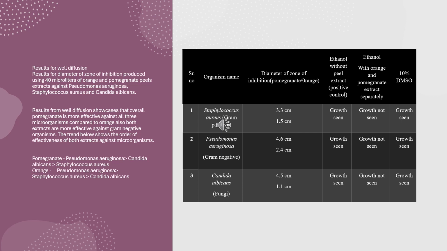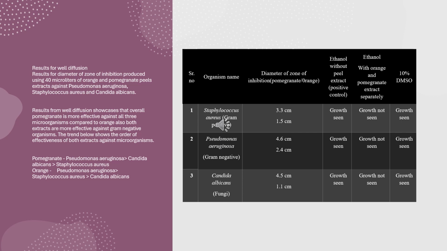This slide showcases the results for our well diffusion, and clearly we can see that the pomegranate showed the highest and clear zone of inhibition around itself. For pomegranate peel extract, the highest zone of inhibition is seen at 4.6 cm for Pseudomonas, and the next was seen for Candida albicans at 4.5 cm.